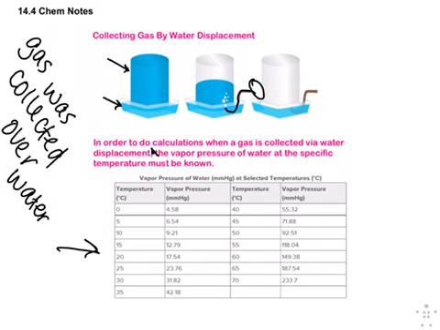When you collect gas by water displacement, if the water level inside of the first container is the same as the outside of the bottle, as in their pressures are the same, if the levels don't change, that means the water pressure and the atmospheric pressure are the same.